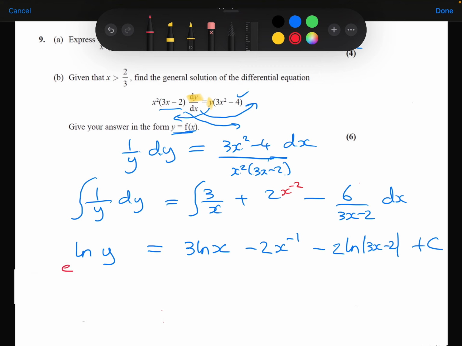So if I do e to the power on the left-hand side and e to the power of the right-hand side, on the left-hand side, the e and the ln cancel out and just leave me with the y. And on the right-hand side, I've got all of this. I've got e to the, and it's really important, all of this is in the power. We'll tidy it up in a minute. All of it must be in the power.